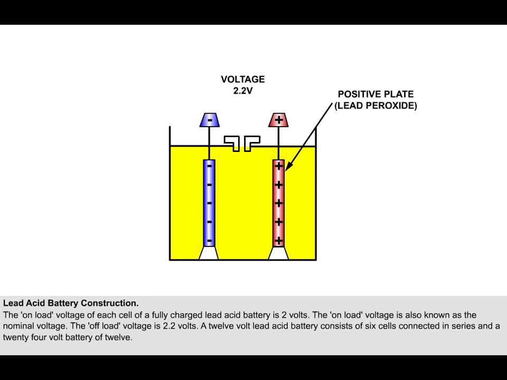The active material of the positive electrode, or plate, is lead peroxide, and that of the negative plate is spongy lead. Both plates are immersed in an electrolyte solution of water and sulfuric acid. The liquid level should be just above the top of the plates.